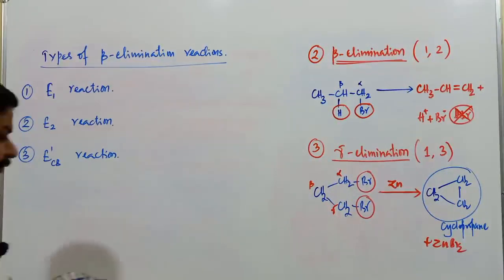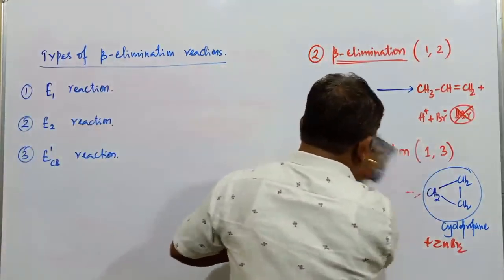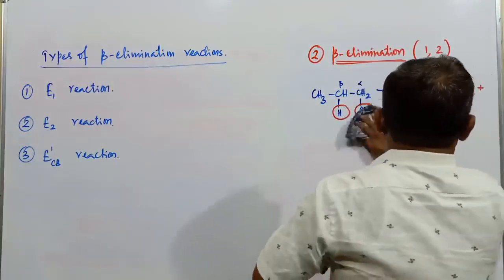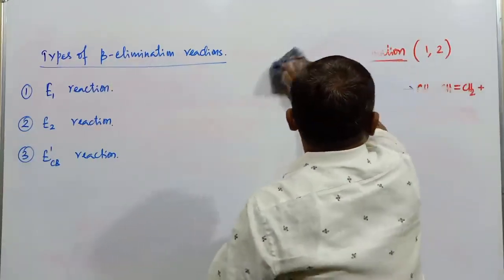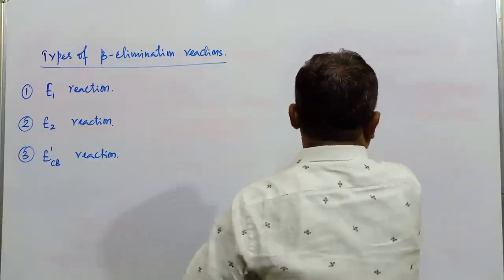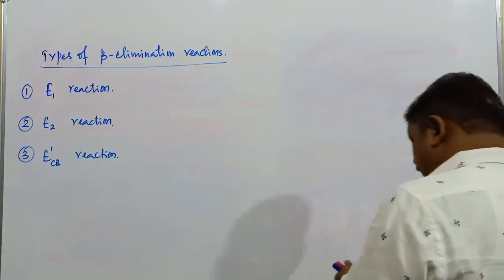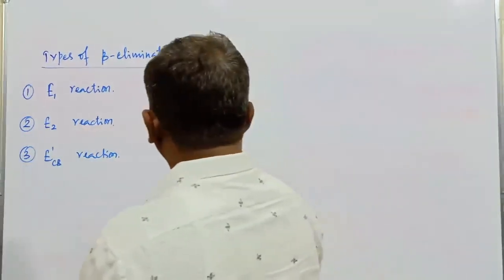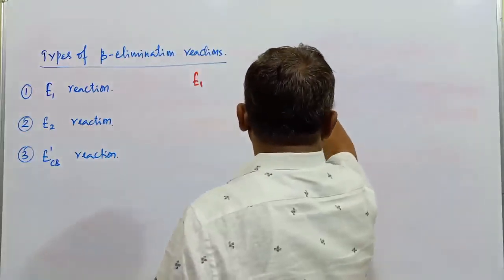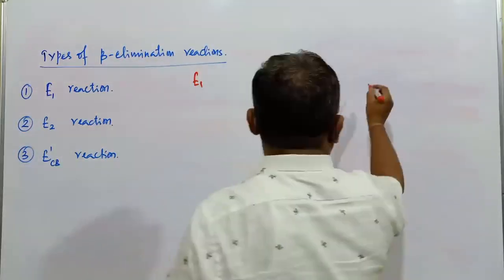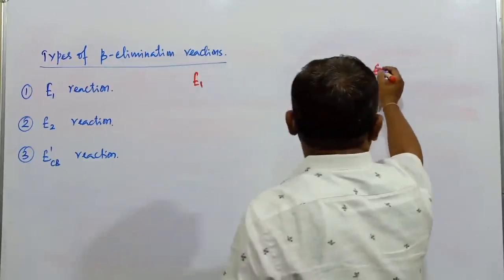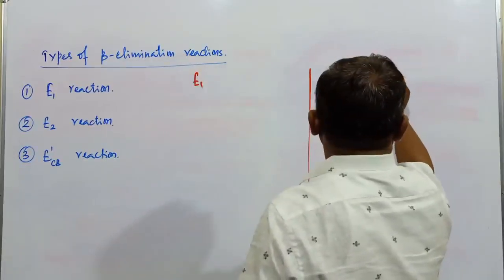Now in case of E1 as well as E2 reaction, I will make some points of differences so that you will be differentiating between E1 and this particular E2 reaction. Here I will take this one as the E1 reaction and at this side I'll mention about E2 reaction.